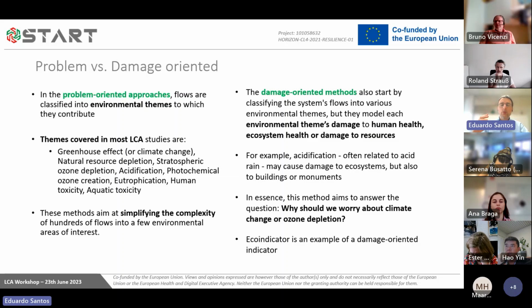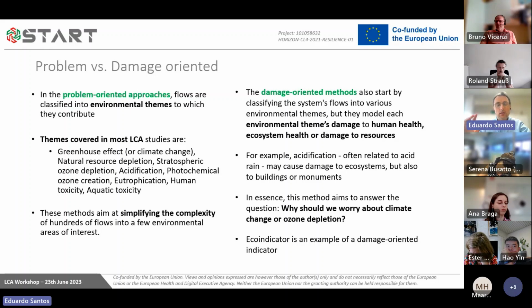So it is important to take into consideration that there are methods that go into the problem analysis, which are usually more precise, more rigorous, because it's something that we can measure with a device.